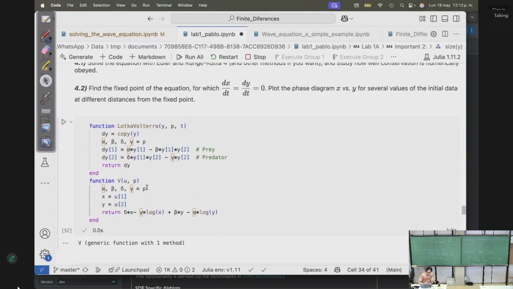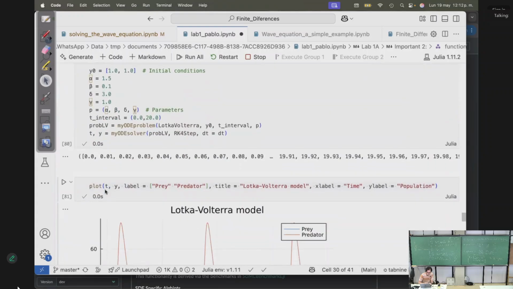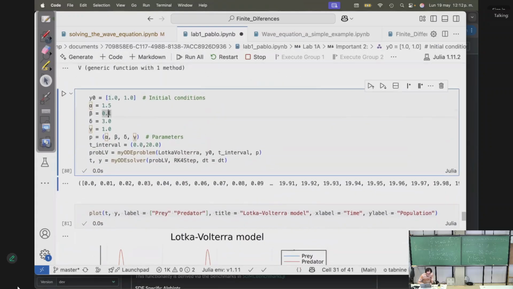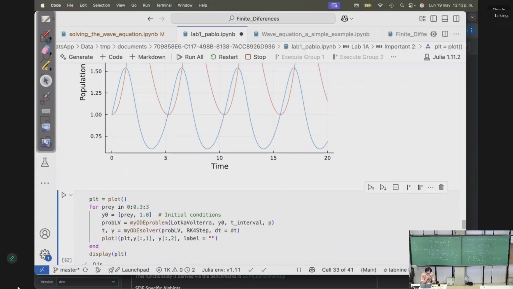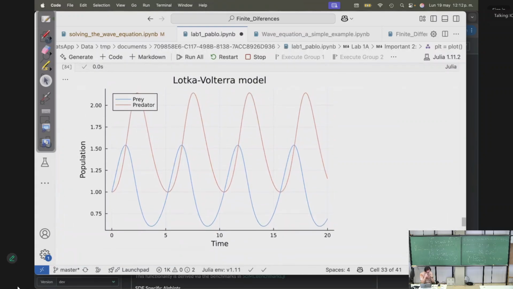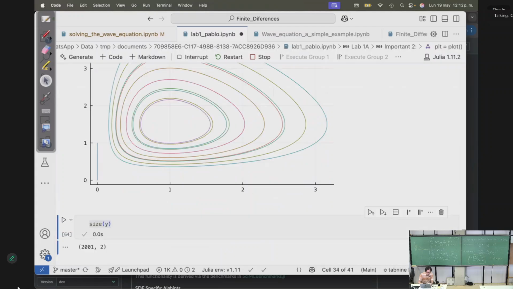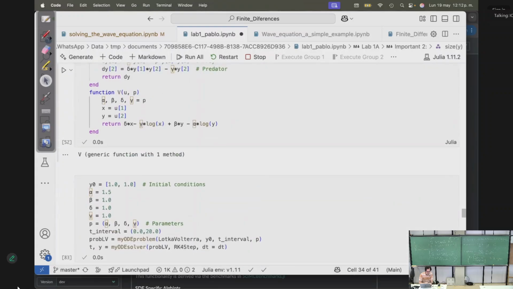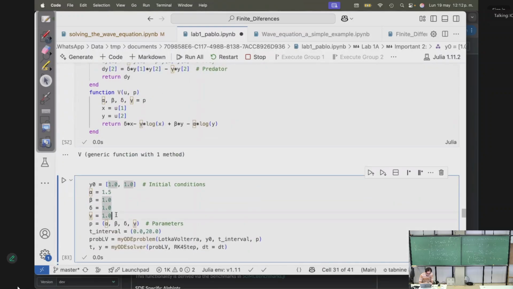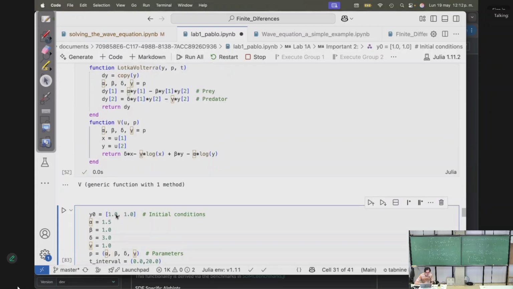Or if we get a different value of delta, maybe we get something that looks a bit more like a sine wave. We get this kind of plots here. So if you want, you can always try to play around with these solutions.